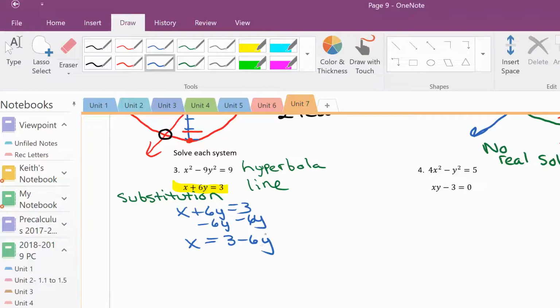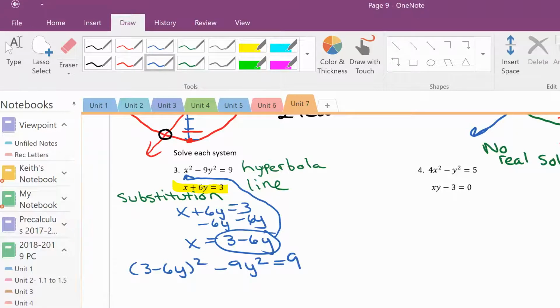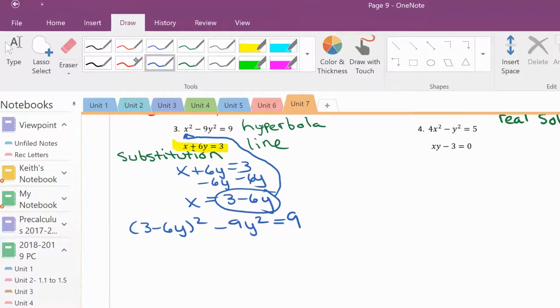So then you're going to take this 3 minus 6y and you're going to substitute it in for x in the top one. So it's going to be (3 minus 6y) squared minus 9y squared equals 9. So then this means you're going to FOIL. So 3 minus 6y, 3 minus 6y.